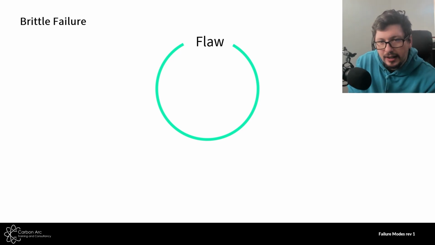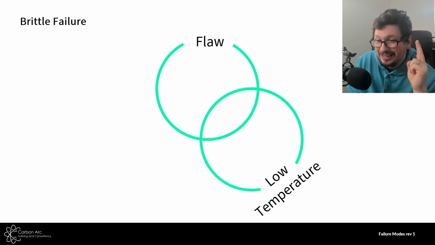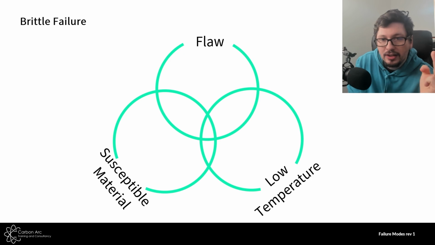Now, for a brittle failure to occur, we need 3 things. So we need a flaw, we need it to be at low temperature, and we need a material that is susceptible to this type of failure. Okay? Now, if you're looking at those 3 areas, what is a flaw?